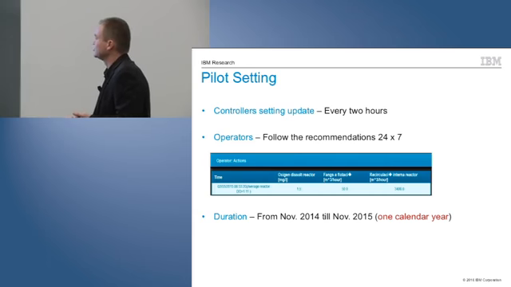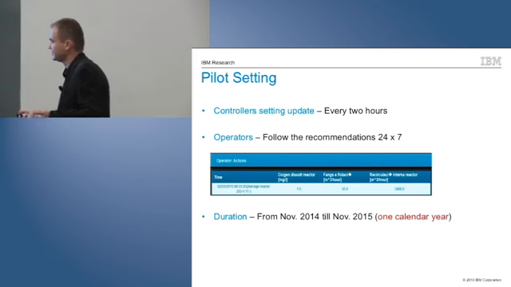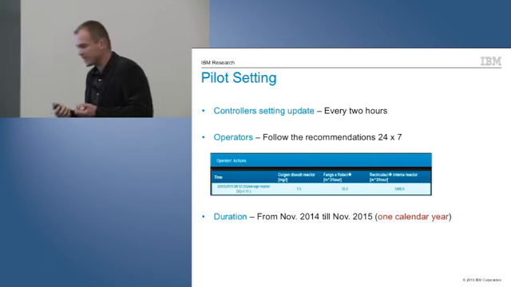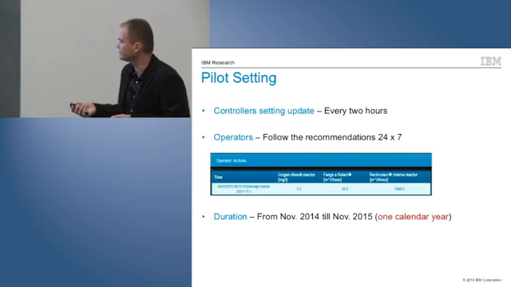There is an additional value for the actual dissolved oxygen concentration in the reactor. It was just to help the operators to set a new set point precisely. Based on feedback we obtained, following the recommendation was very easy during the pilot period.